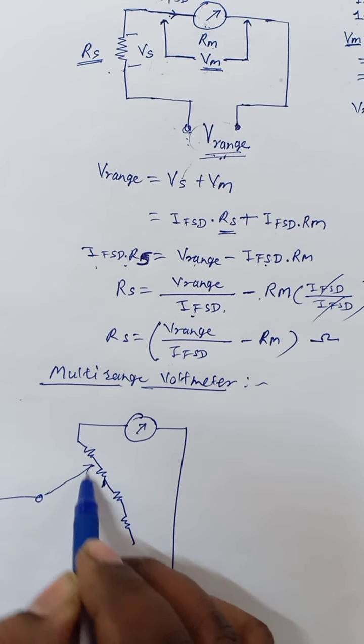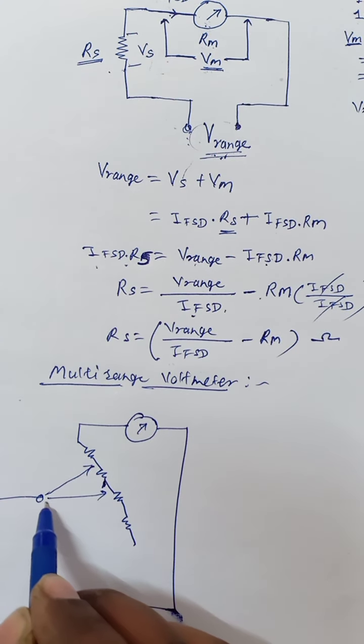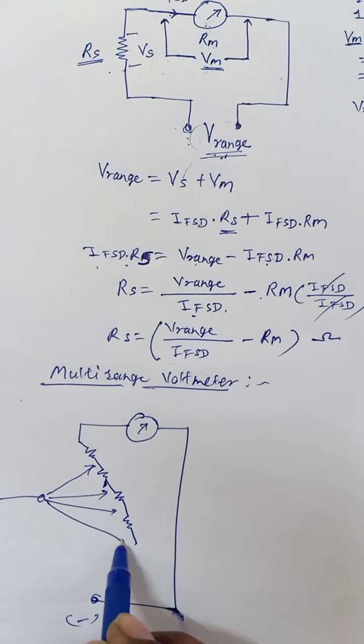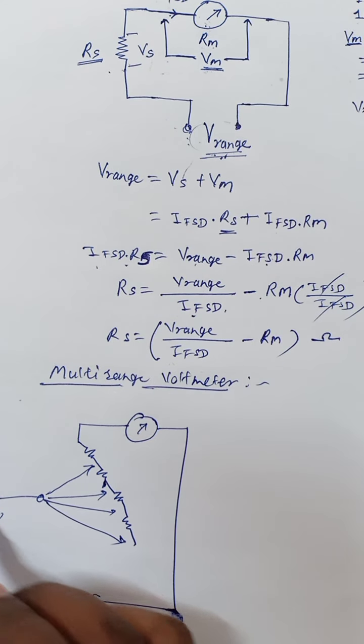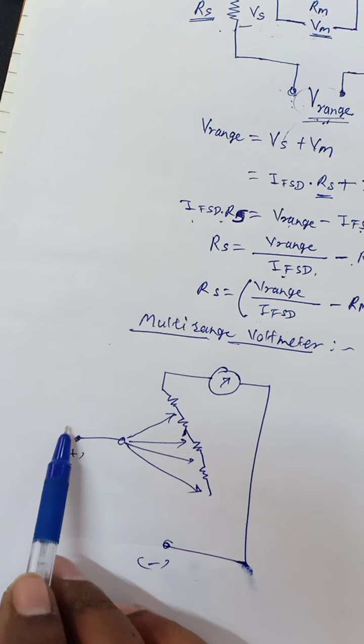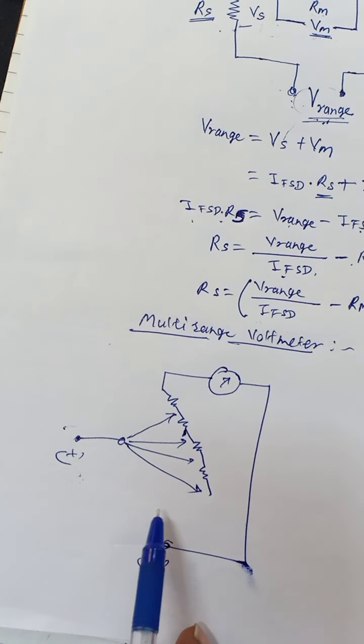So this is the first range, this is the second range, third range, fourth range. Okay, so this is the plus. So this is the multi-range voltmeter.